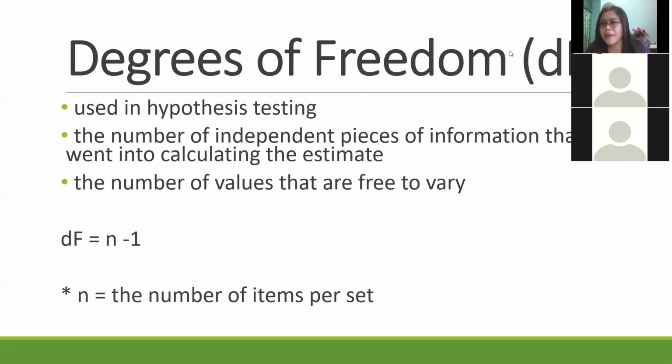Whether it is a z-score or a t-score, we use degrees of freedom. That is the number of information used when we do the calculation. So degrees of freedom also refers to the number of values that are free to vary. Since we have so many samples.